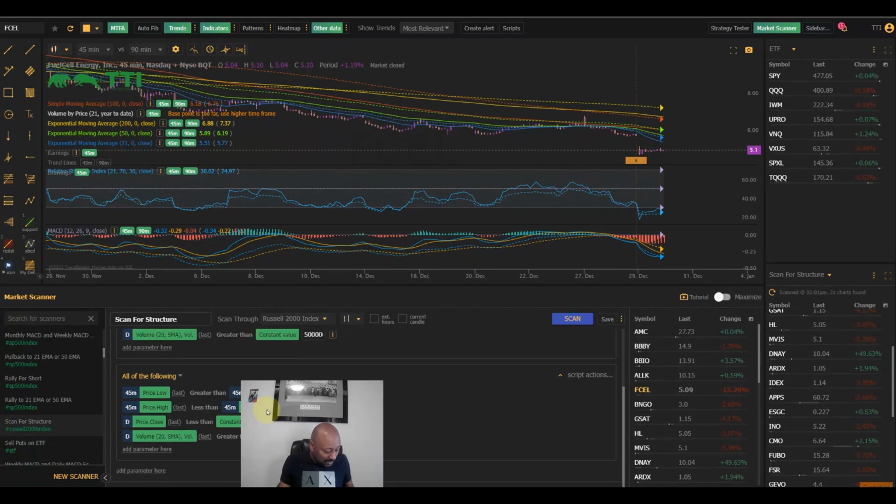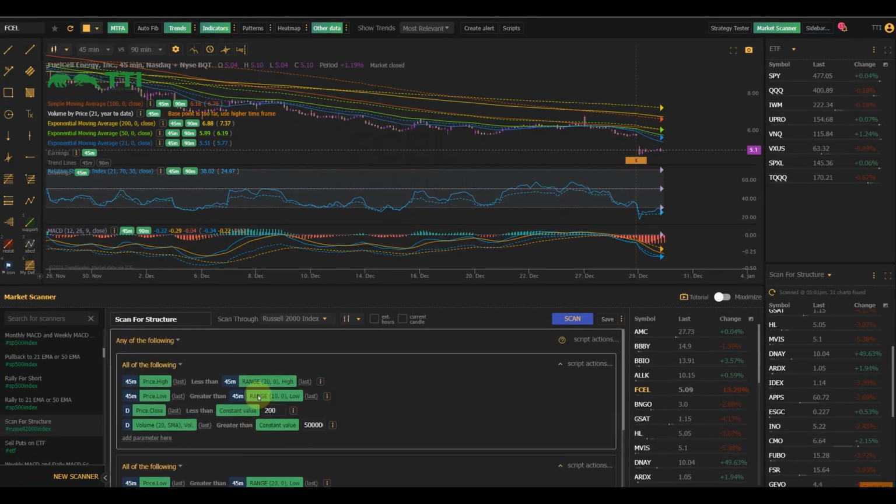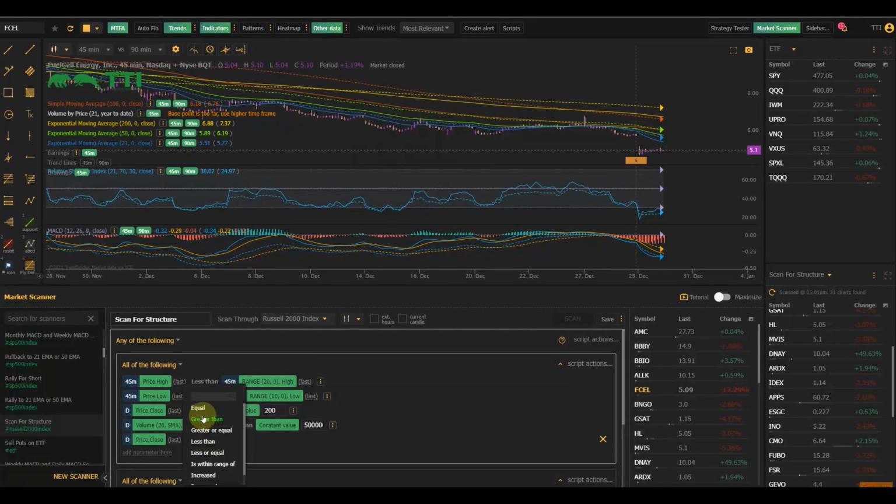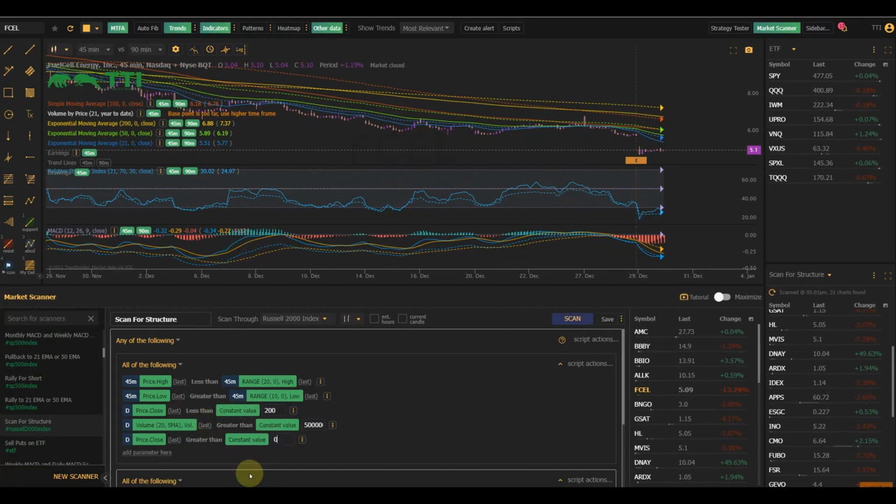You can add market conditions that say, hey, I want to make sure the condition price on the daily close is greater than constant value 30, right?